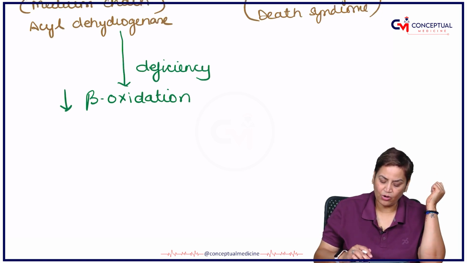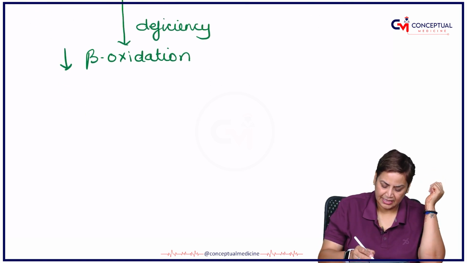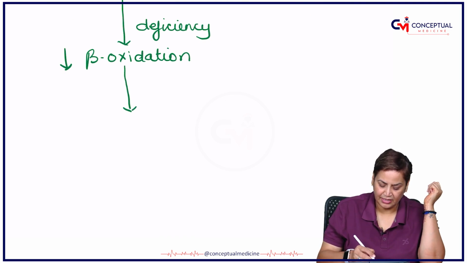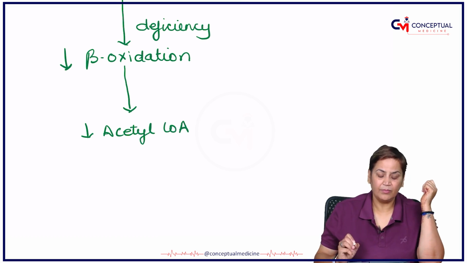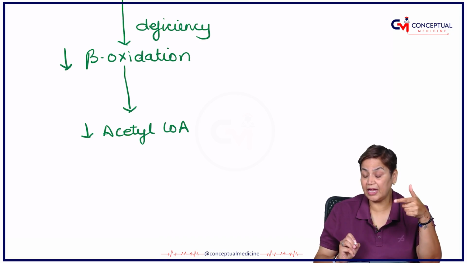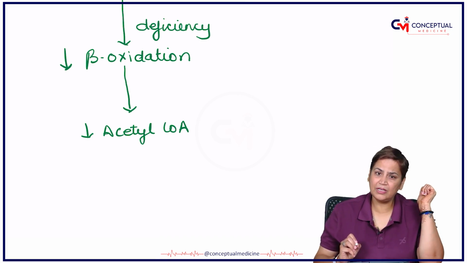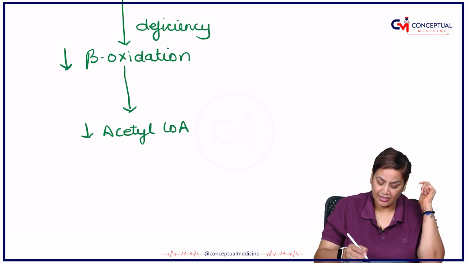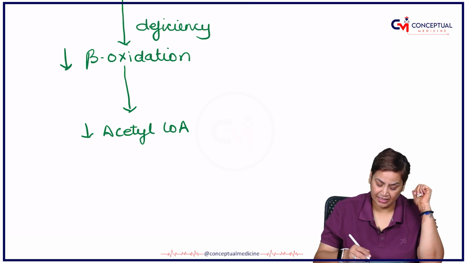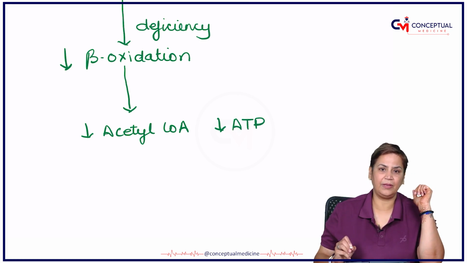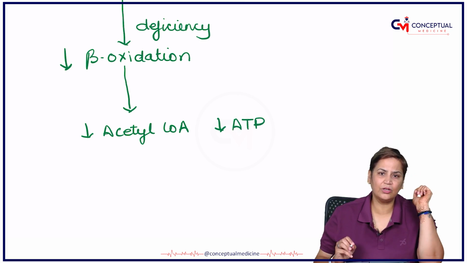If beta oxidation cannot take place, it will lead to decreased acetyl coenzyme A, because only when beta oxidation occurs is acetyl coenzyme A being produced. When beta oxidation is not occurring, there is decreased acetyl coenzyme A, so there will be decreased ATP. The child will not get energy also.